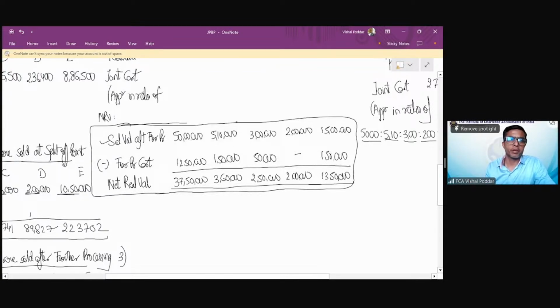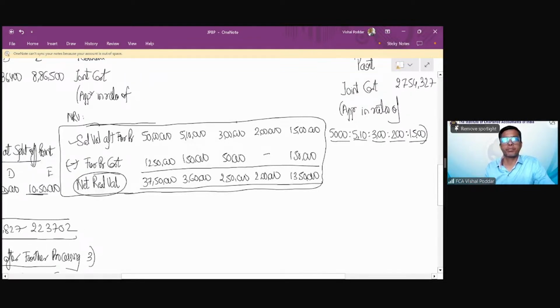Sales value after further processing minus further processing cost, NRV. So now my ratio is 3750 is to 360 is to 250 is to 200 is to 1350. Correct?